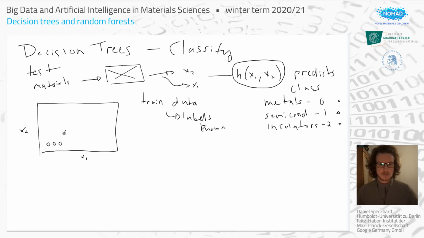Imagine we do this for 3 semiconductors. They show up over here, and insulators show up over there. Great. So now we have a 2-dimensional plot based on these 2 features, x2 and x1. And we start to see that these different material classes have distinct groupings in space.